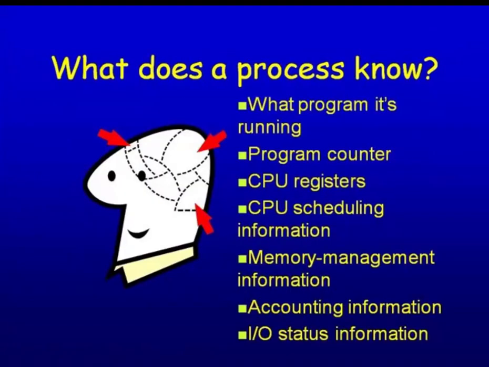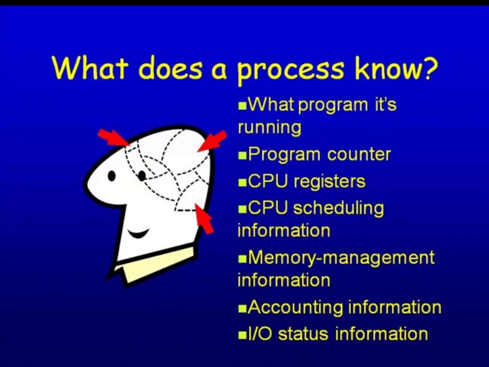So what does a process have to know? Well, remember, a process is a program in execution, and so the process is in charge of running a program. It has to maintain the program counter so it knows where to pick back up when a process is interrupted by another process. It has to maintain the CPU registers, because all those registers have to be replaced and put back into place when the process comes back in.